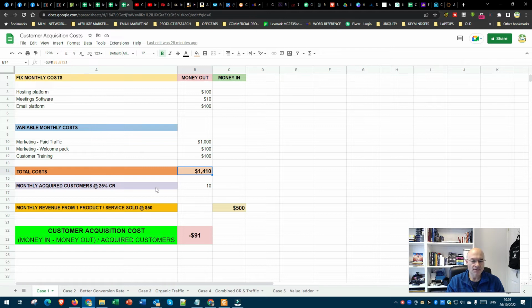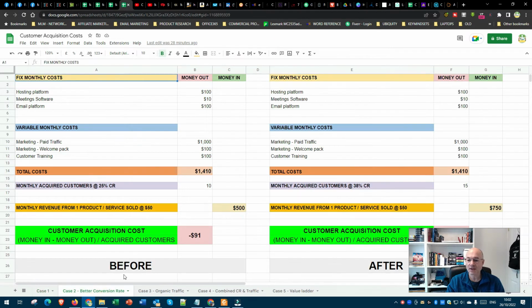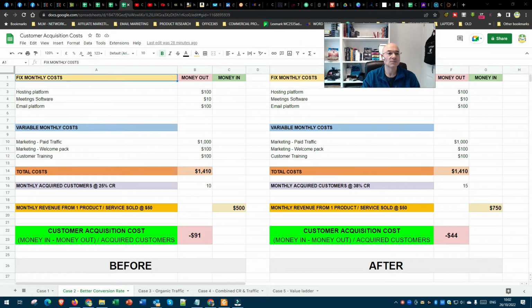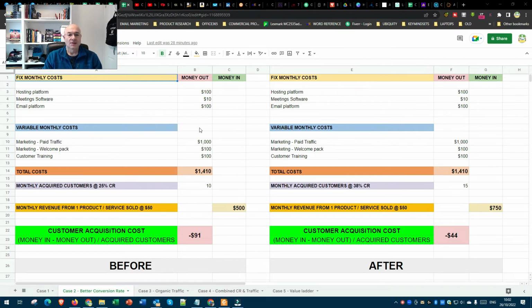Looking at this, one of the things we could do, and that's the first case I will look into, is we could try to increase the conversion rates. So obviously, if we acquire more customers, this negative number will go down. So that's what I'm illustrating here. So you have the before and after increasing your conversion rates.